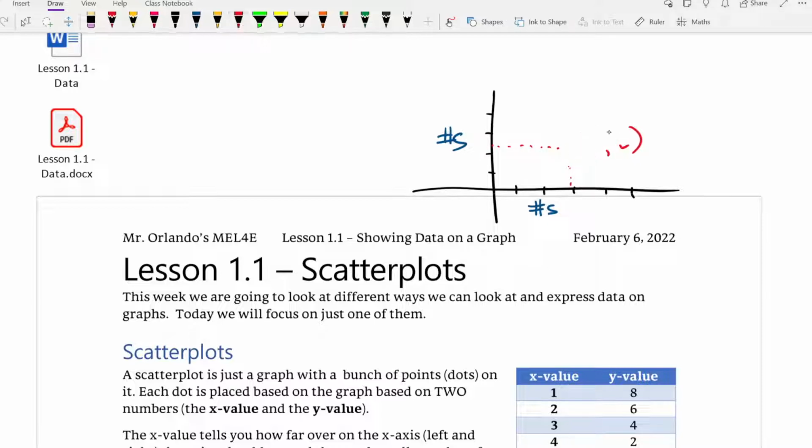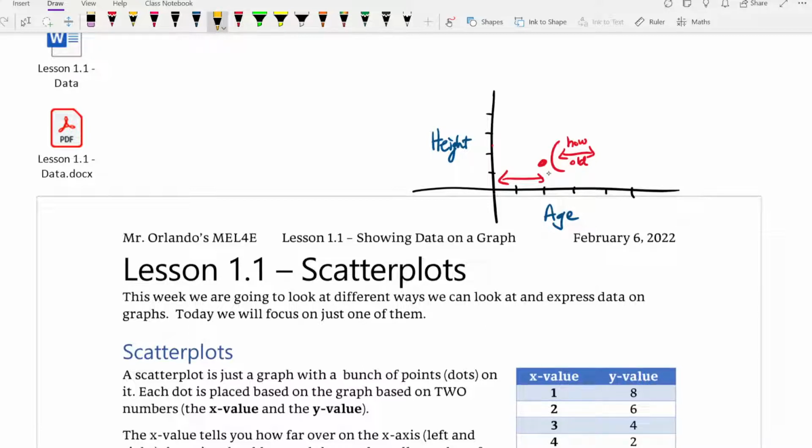So for example, I could make a scatter plot that was about the age of children and their height. And so if I put a dot here, really, what I'd be measuring is I would know from the left to right how old it was.